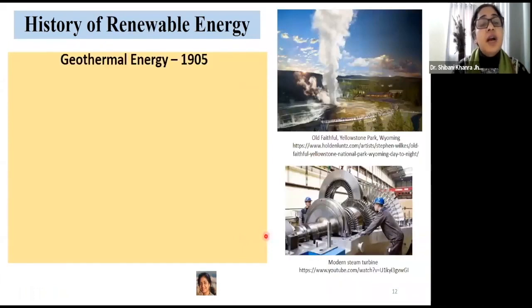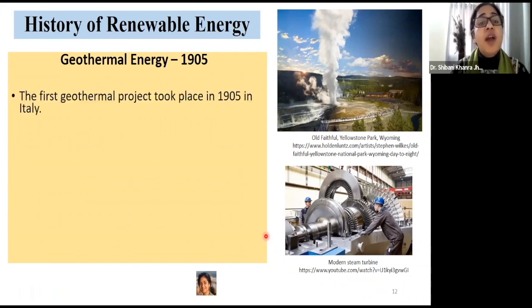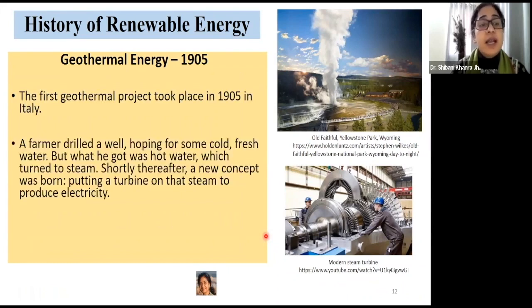Finally, coming to the fifth form of renewable energy, geothermal energy, which was formally understood in the 20th century, in 1905, when the first geothermal project took place in Italy. There is a story behind this: a farmer drilled a well hoping for cold water, but instead he got hot water, which turned into steam.